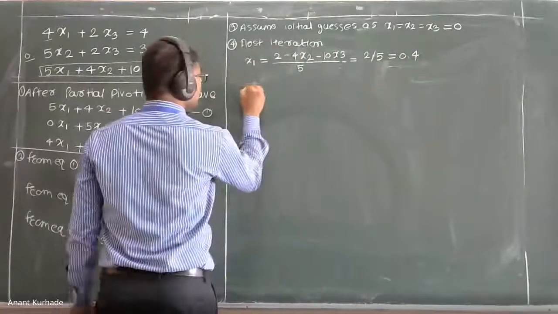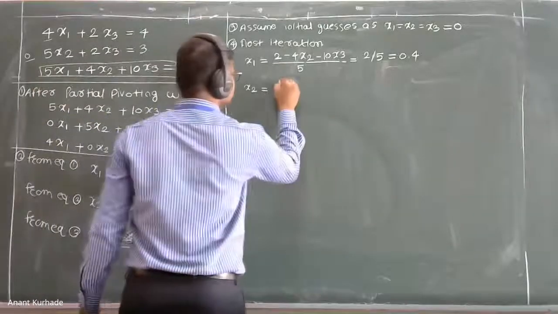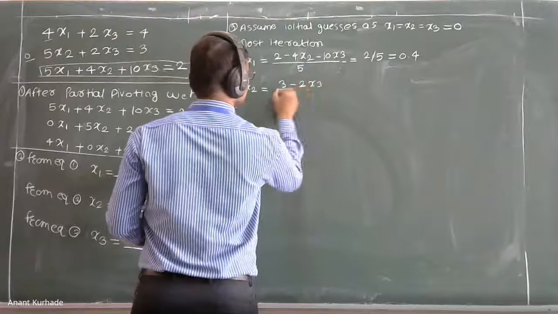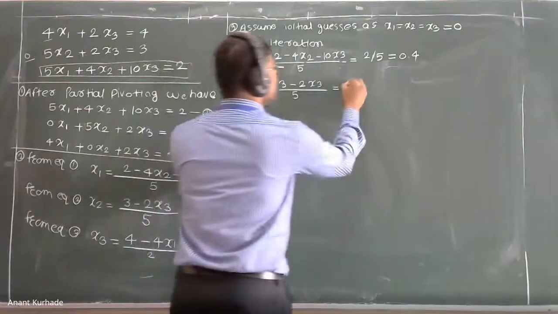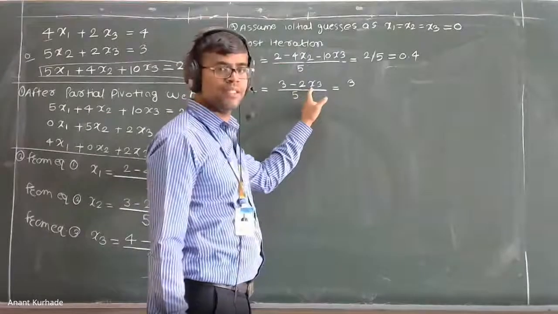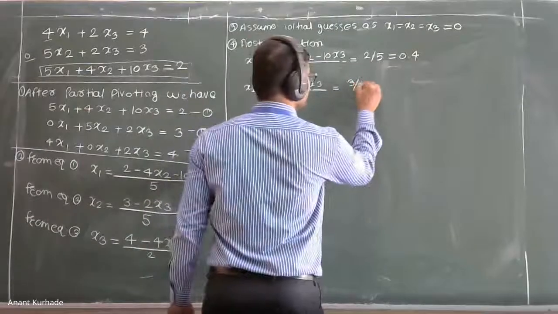Now calculating x2, we write again this formula: 3 minus 2x3 divided by 5. It is 3 minus 2 into x3. What is x3? 0. Here x2 is missing, so it is 0. So 3 minus 0, divided by 5, is equal to 0.6.